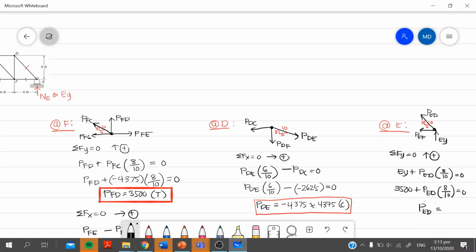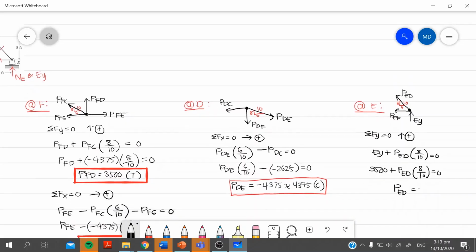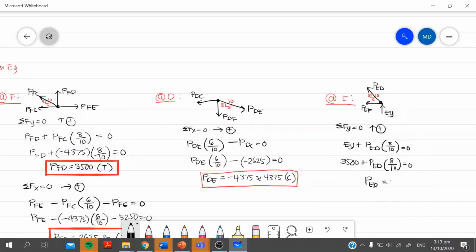So, force ED or DE is the same, negative 4375. So, our values are correct. Okay, so that's one way of checking. They should be the same. The members should match.